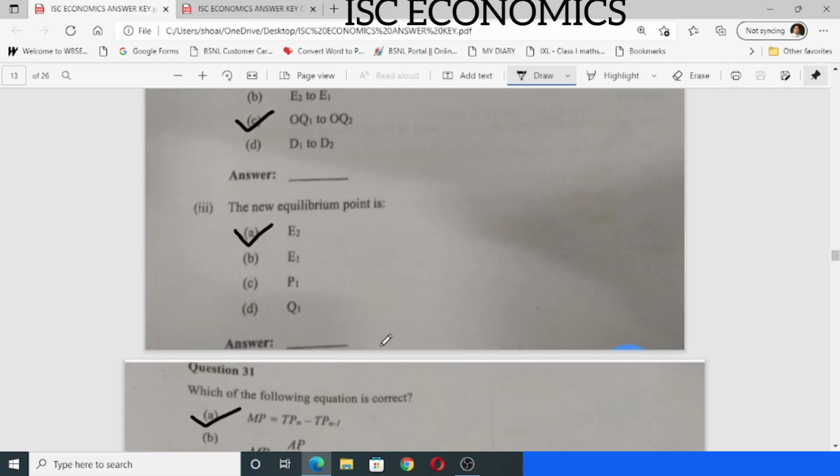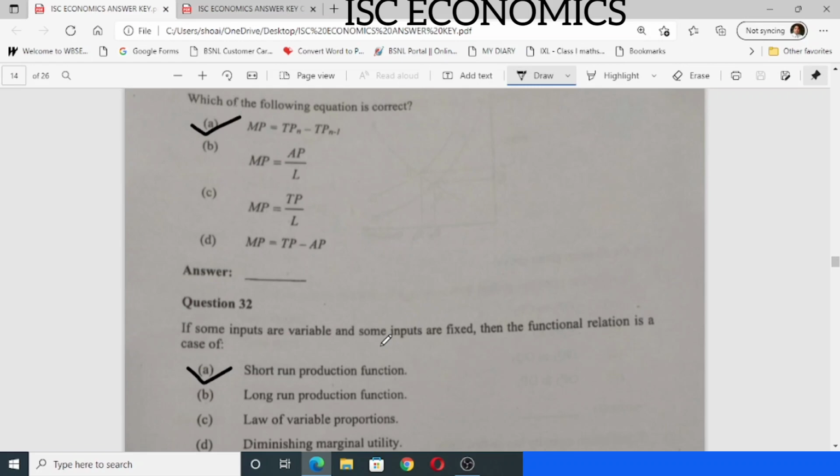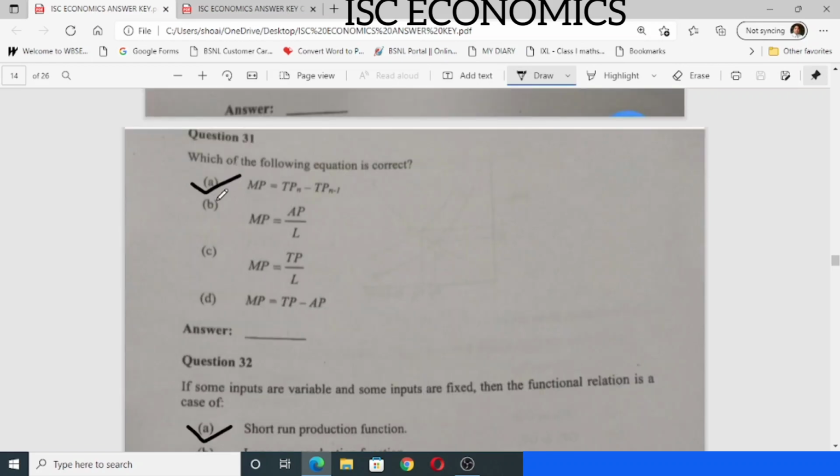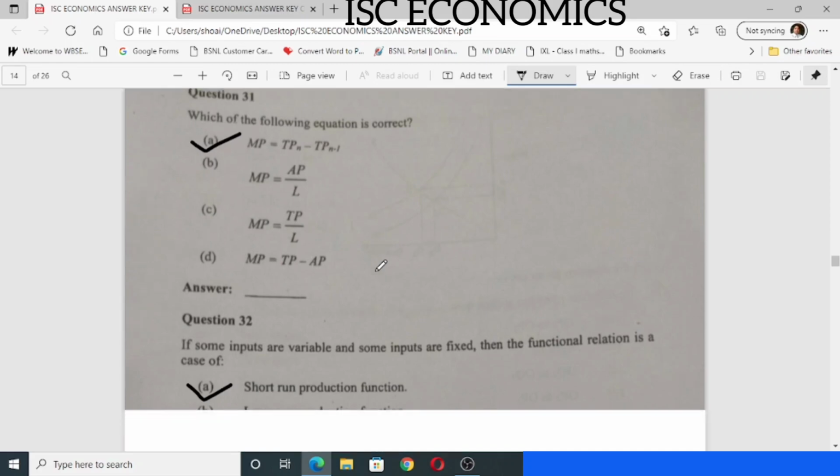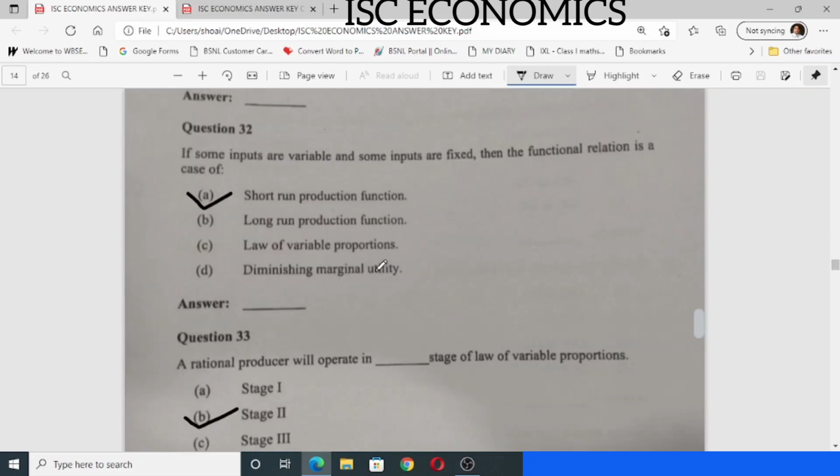New equilibrium point is E2. Now 31. Which of the following equation is correct? A. Question number 32. Wherever the picture is clear, you can read it yourself.